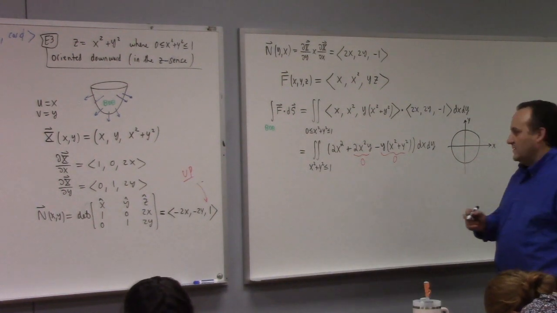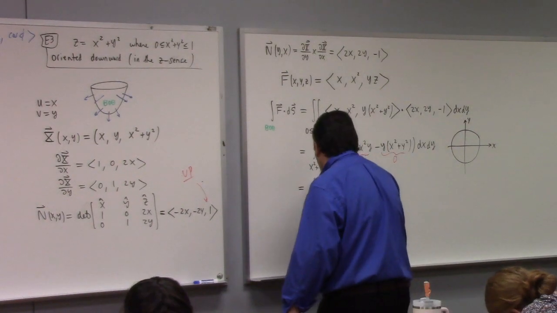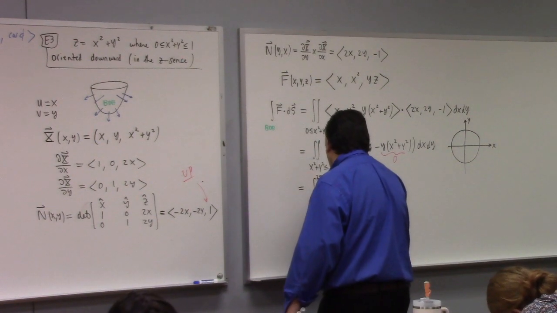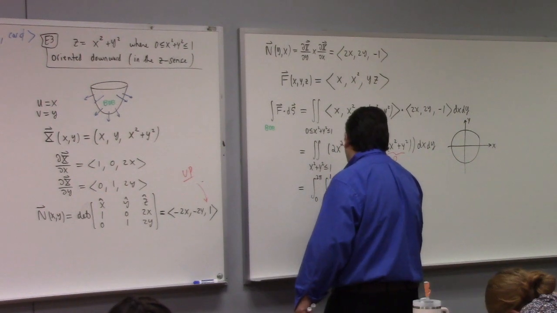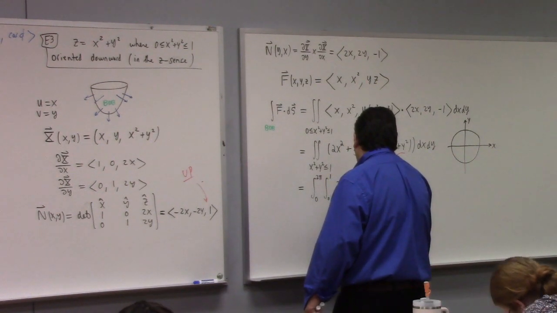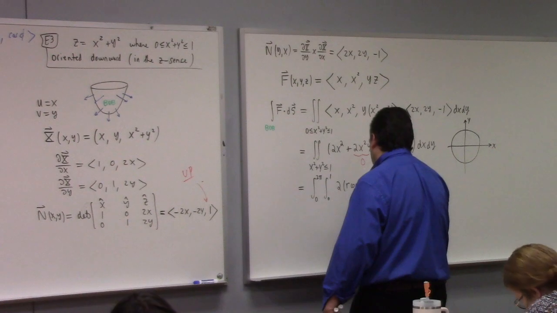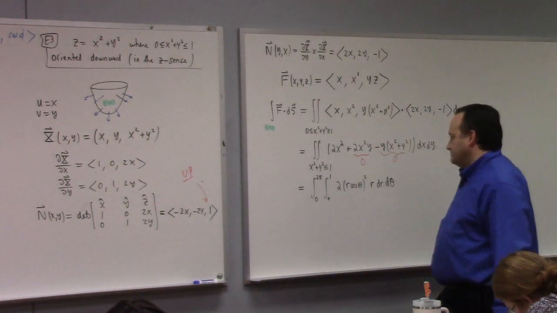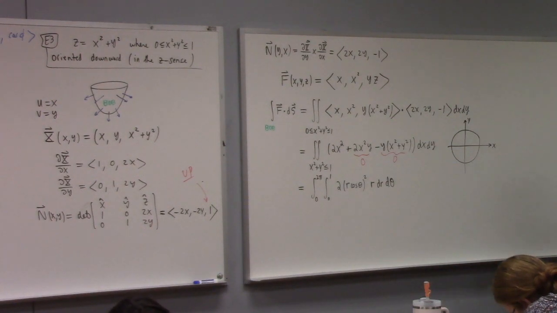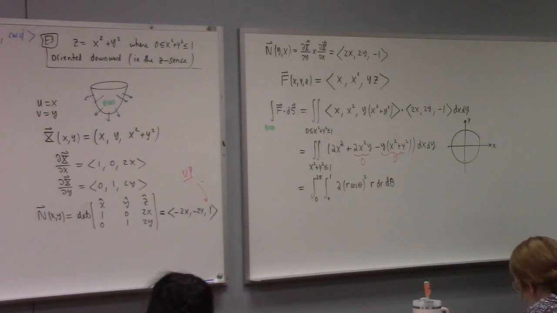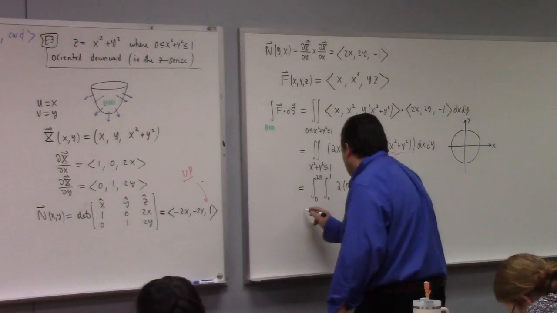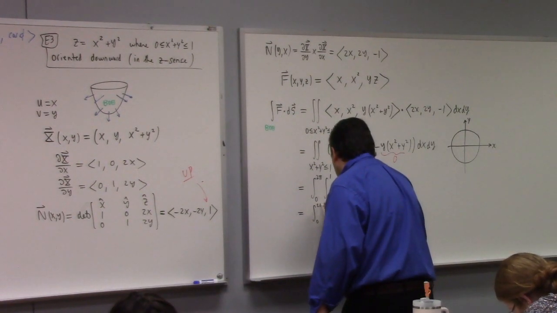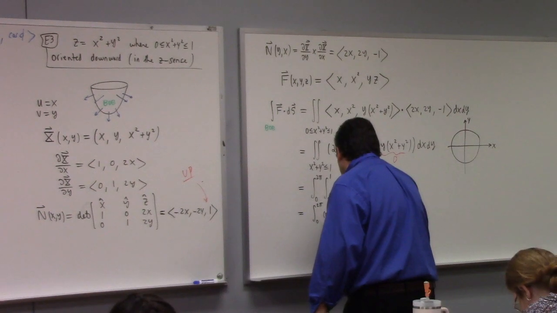Certainly not. What we'll do is integrate from 0 to 2 pi, integrate from 0 to 1, and then we've got 2r cosine theta, quantity squared, times r dr d theta. I'll use polar coordinates to do this integral because that's what I should do. And so you do that, and you've got an integral from 0 to 2 pi of cosine squared theta d theta.